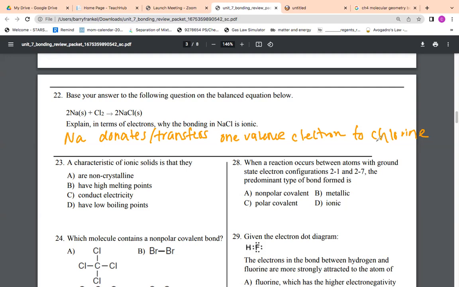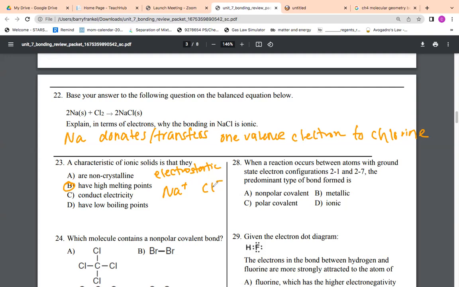Number 23. A characteristic of ionic solids is that they, this is from the last lesson, 7.10, the properties and characteristics of ionic versus covalent compounds. Ionic solids have very, very high melting points because of the electrostatic attraction between them. In something like NaCl, you have Na+ and Cl-, a full positive charge and a full negative charge.